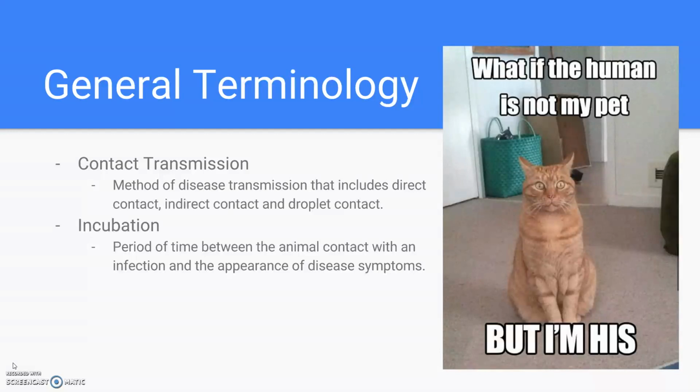Also droplet contact, that's best known as when we sneeze, droplets go out into the air and then can infect other people. It's the same thing with animals. Incubation is the period of time between the small animal contact with an infection and the appearance of disease symptoms. Depending on the disease and the animal, sometimes the incubation period is small, other times it's quite long.